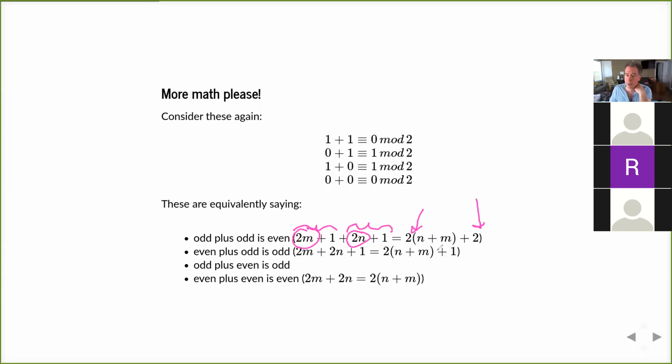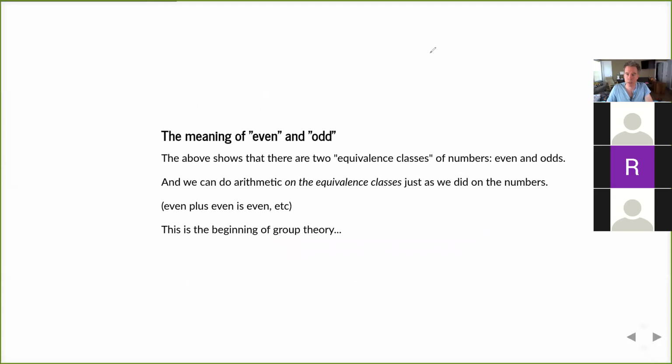And it turns into this. Notice every term here has a 2, and so it's congruent to 0, because remember, 2 is like 0 mod 2. And 0 means even. So this is saying odd plus odd is even. And then the other ones are similar. All right.